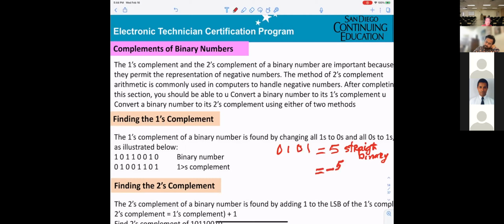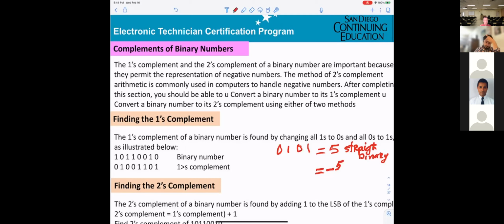You see that? So they have to deal with either positive numbers or negative numbers. In order to deal with positive or negative numbers, they must be using either first complement or second complement. So now you understand, we need a second or first complement to deal with a negative number.